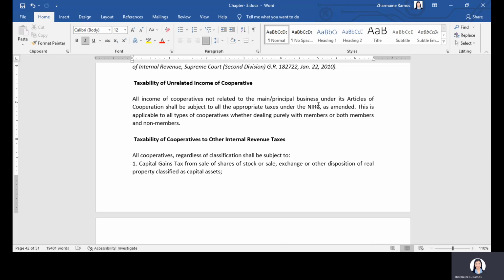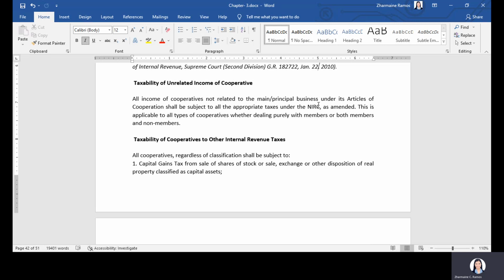Basta meron silang income na hindi related sa main or principal business nila, kailangan nilang magbayad ng appropriate taxes. So, yan lang naman yung mga sa co-op.